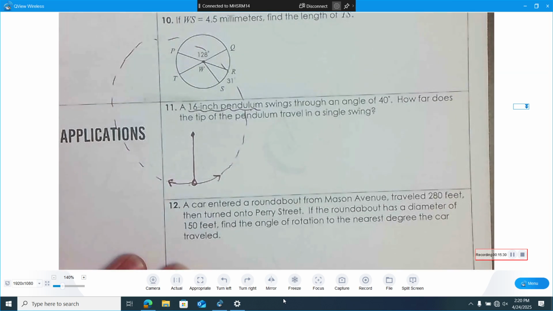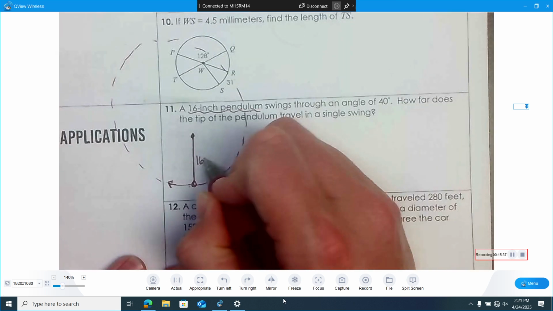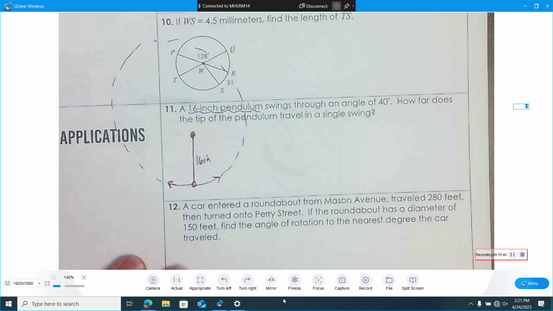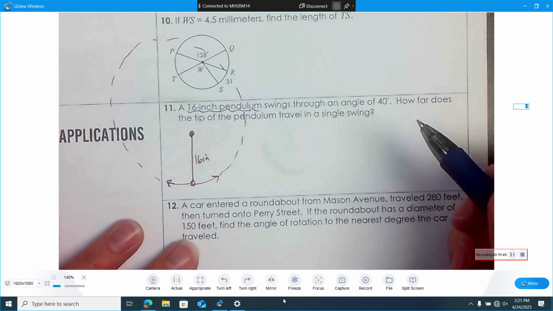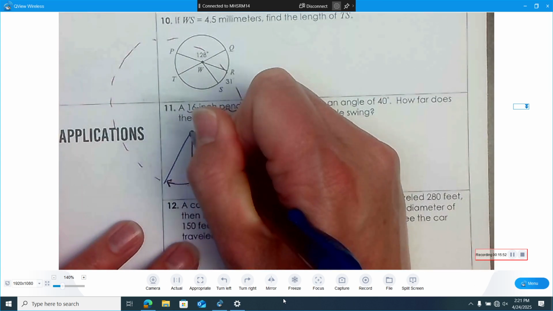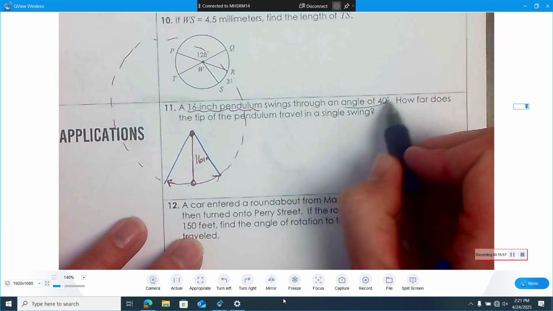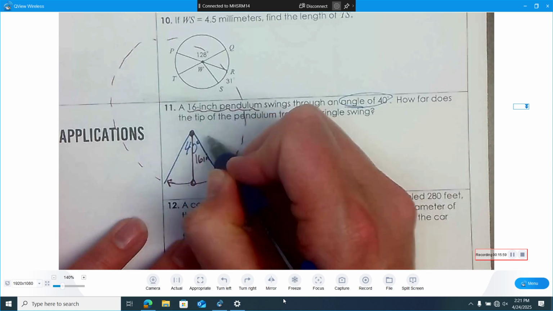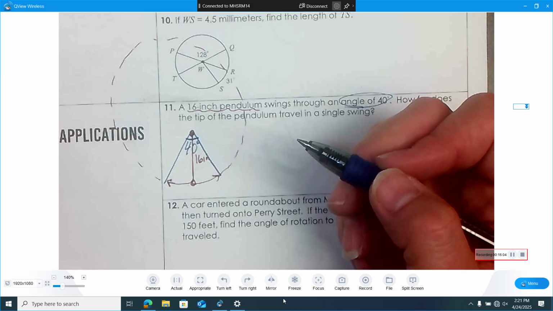What it's doing right now, it's a 16-inch pendulum. What is that telling you? Is it telling you the diameter, or is it telling you the radius? Okay. So the radius is 16 inches. From the center out is 16 inches. And it swings through an angle of 40 degrees. So it's swinging back and forth in this little 40-degree arc.